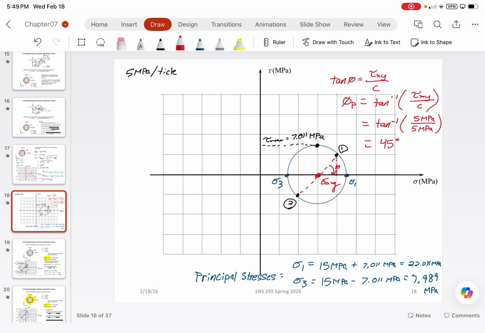Now, let's say we wanted to rotate it to figure out what the maximum shear stress looks like. Obviously, you would need to rotate it 45 degrees the other way in order to get it. But let's come up with a generalized equation for this, all right? So in this case, let's say that this was theta 2 and theta 1.